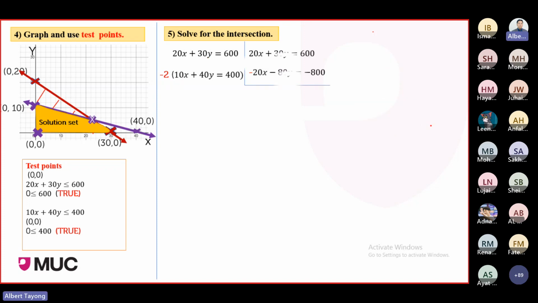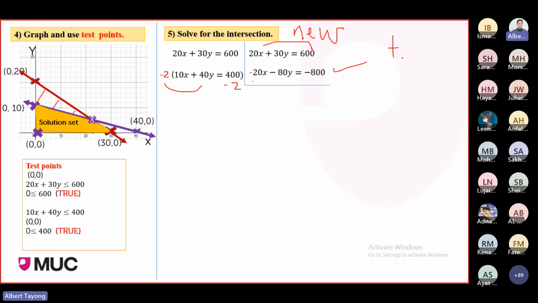So this will become 20x plus 30y equals 600. This is our new system. The second one will become negative 20x minus 80y equals negative 800. We multiply both sides by -2.